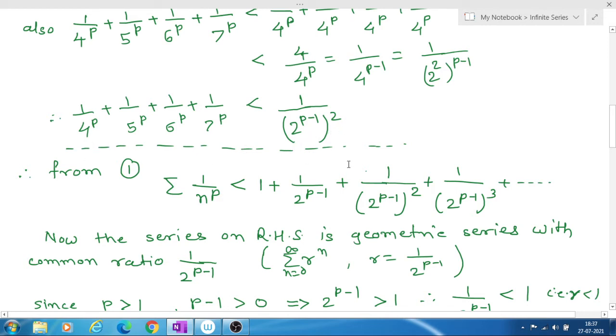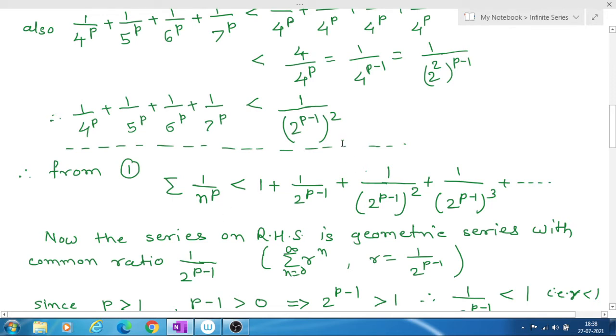If we continue like this, the next bracket will contain 8 terms, and the sum of those terms will be less than 1 upon 2 raised to p minus 1 bracket raised to 3.